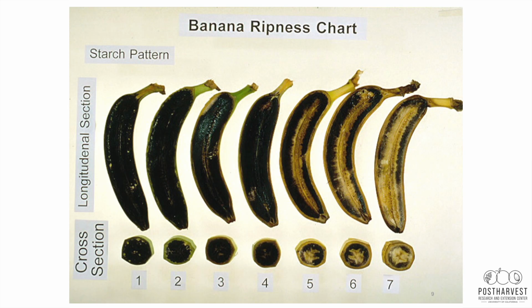Now, the banana has a high degree of starch, so we can use a dye, potassium iodide, as an indicator of starch. When there is starch present, it turns black. And that's what you see: even as the fruit are going into stage 4, there are high levels of starch in the banana. So the banana continues ripening, much like the kiwi fruit.